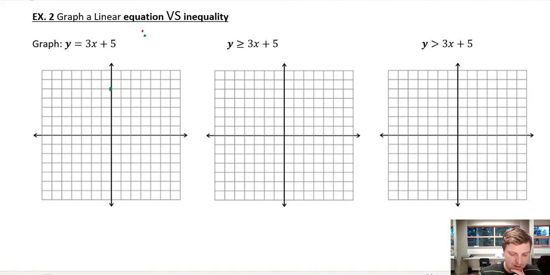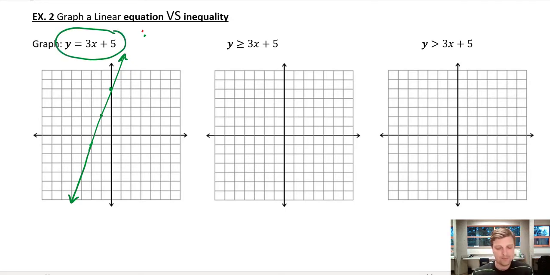So I've got that point there. And if I go over 1, I have to go up 3. I'm kind of off the grid there. But if I go over to the left one, I go down 3. And I can see here that my line is kind of like this. So there is my line. That line continues on in both directions forever. So this line represents this equation that I have here.